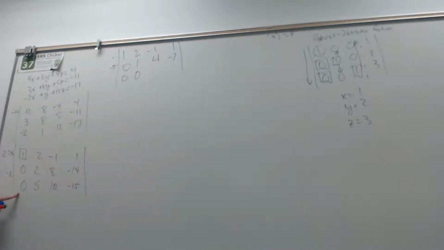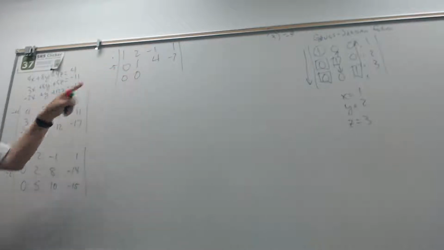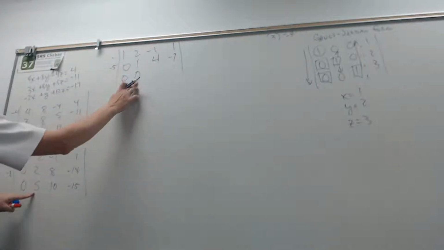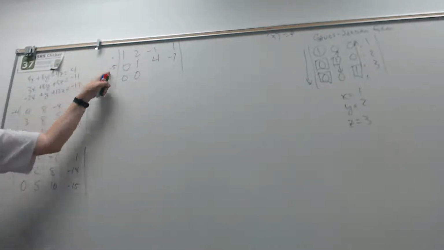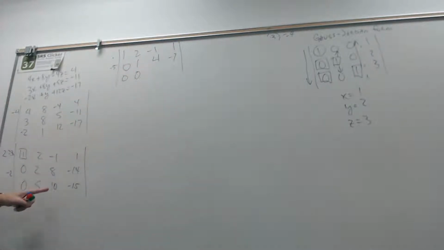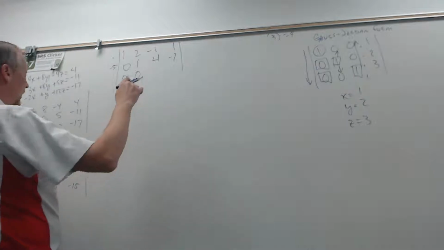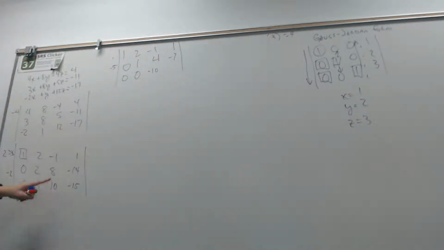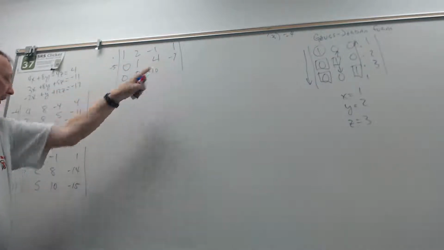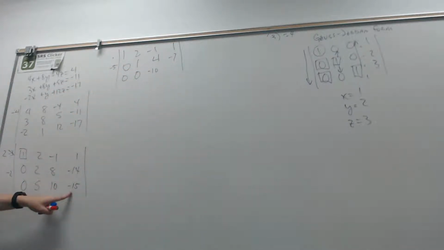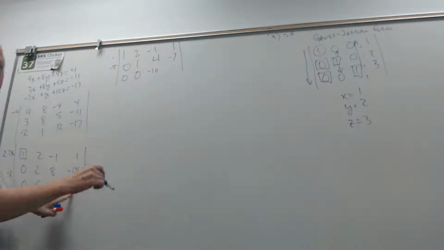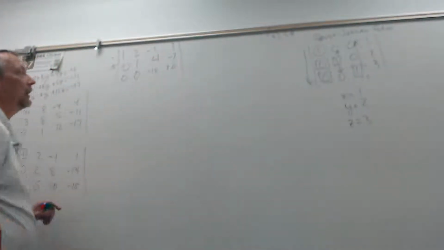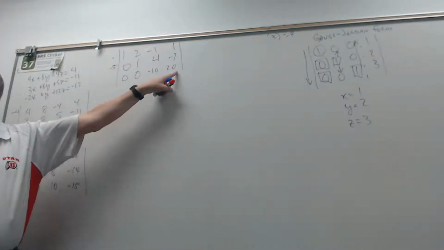Correct? -5 plus 5 is 0. -20 plus 10 is -10, right? 35 minus 15 is 20. Now at this point I can get z equals, right?